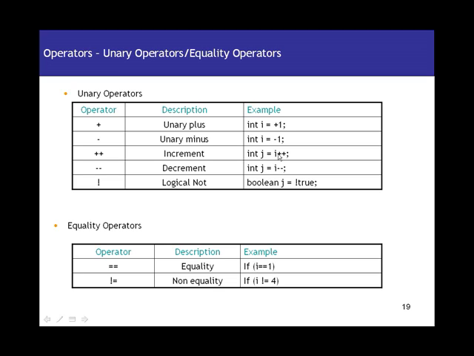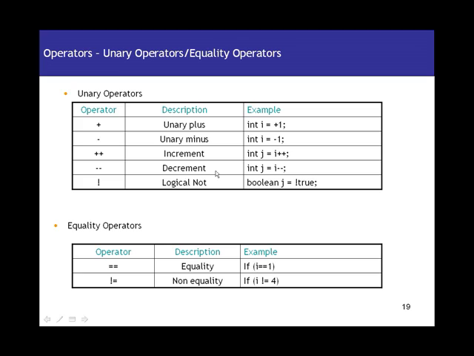So the value of j is also going to be 4 after the statement. But in the case of plus plus i, it's first going to increment the value of i, and then assign the value of i to j. So in the other case, the value of j is going to be 5 and not 4. Right? So that's the difference between i plus plus and plus plus i.